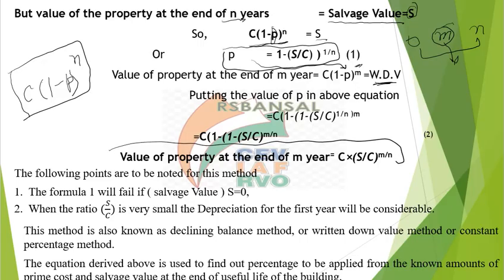So the value of the property at the end of m years will be C into (S upon C) raised to power m upon n.